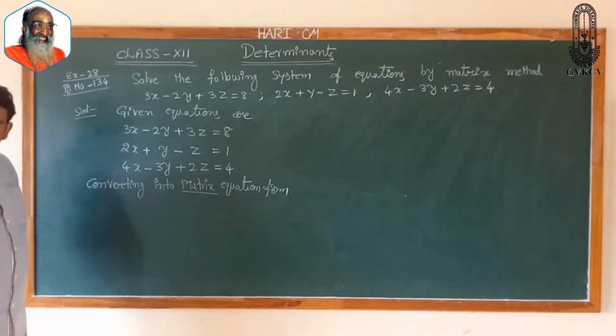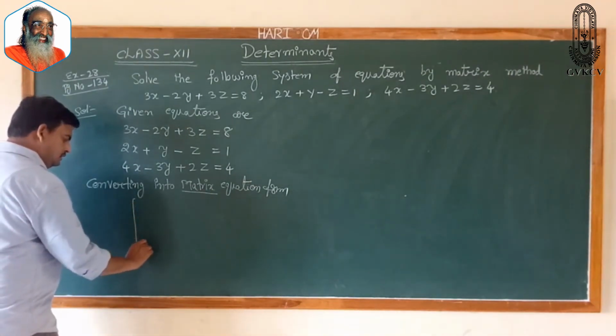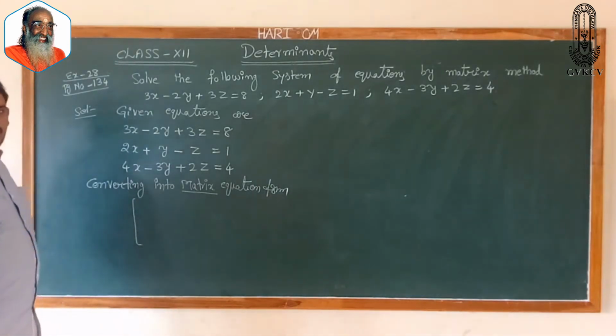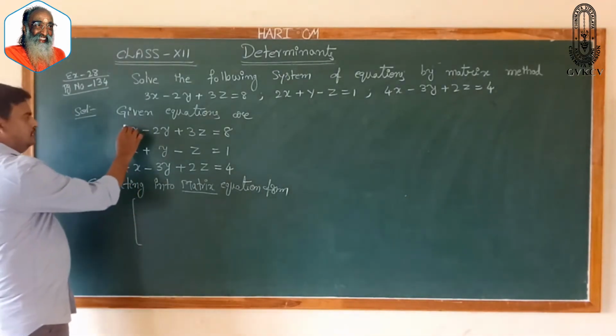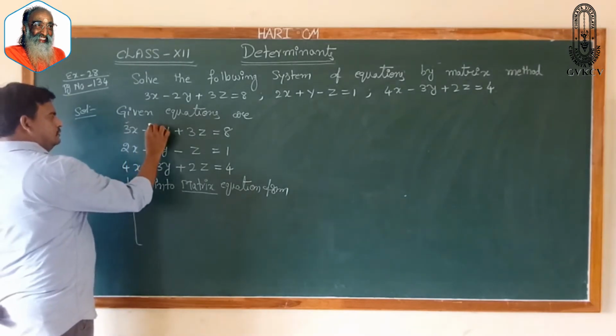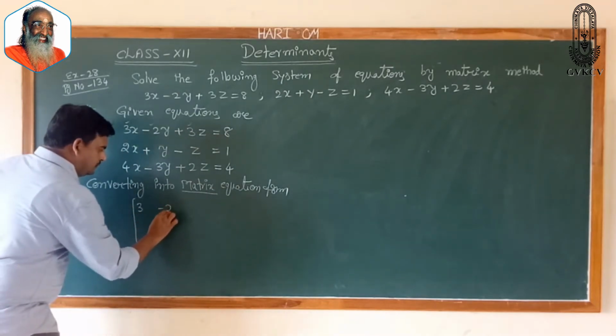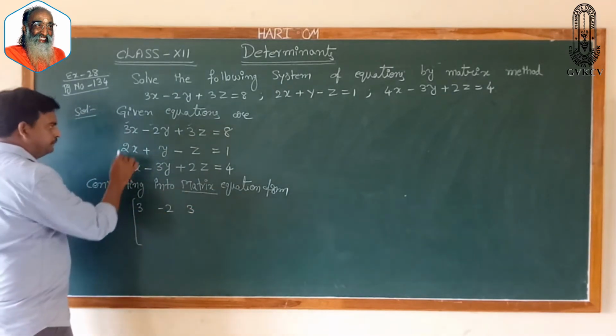You know how to convert it. First we collect all the coefficients of each variable. Here the coefficients of x are 3, 2 and 4, and the first row is 3, minus 2, 3.